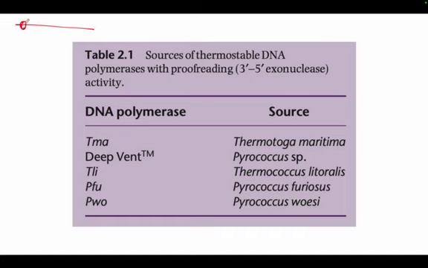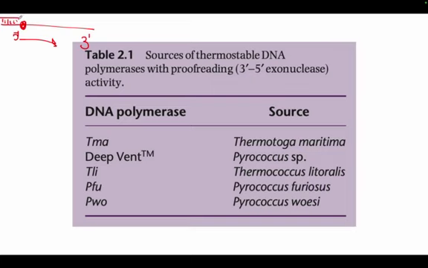So what the DNA polymerase is doing is synthesizing DNA in this 5' to 3' form. Right? So you're getting this new DNA strand in 5' to 3' direction.